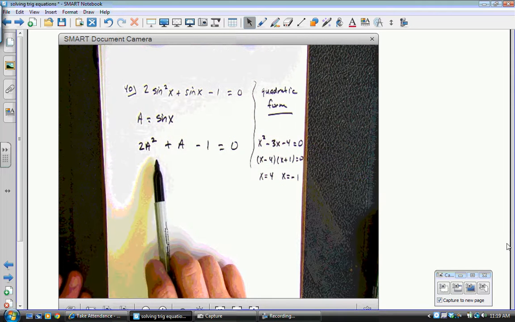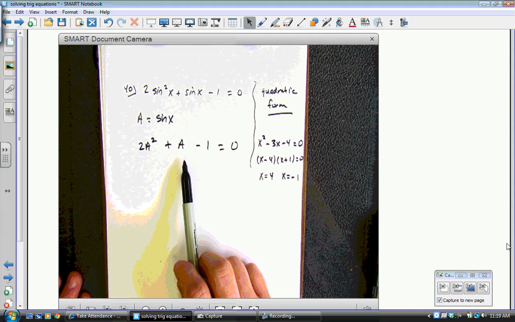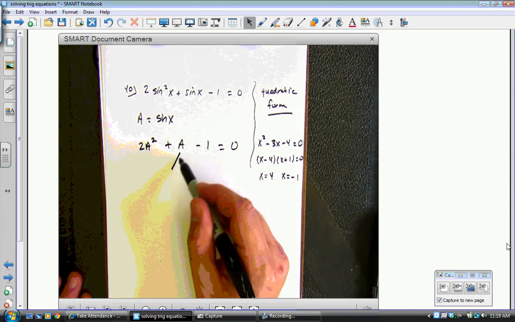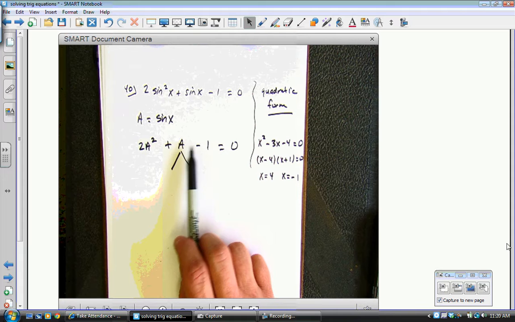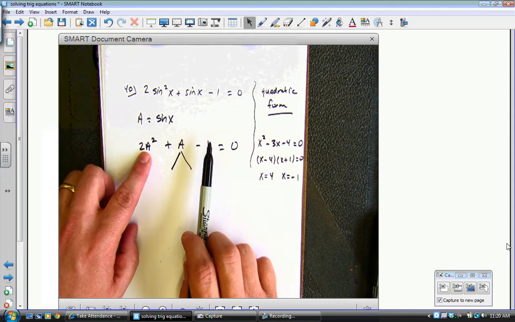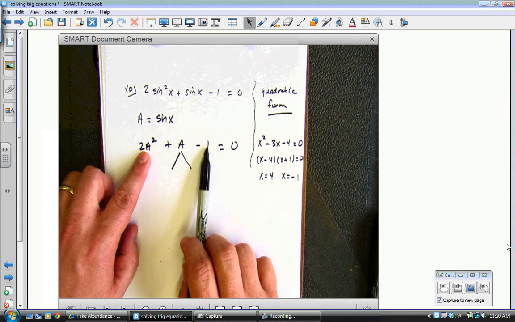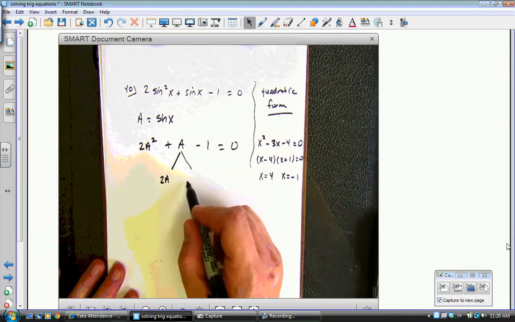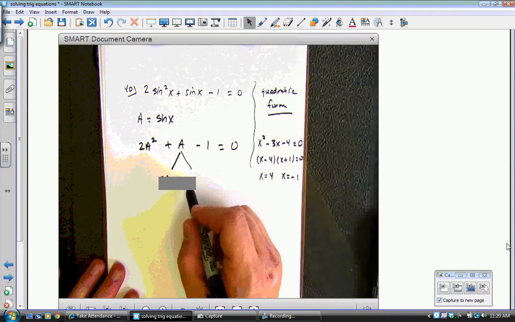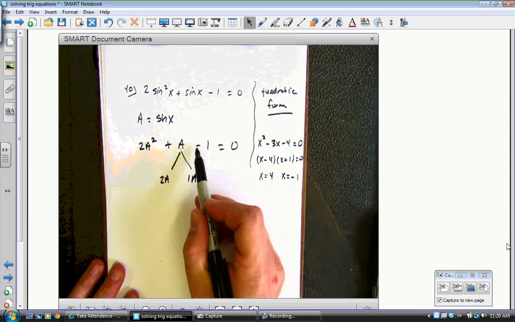So we can still factor it though, can't we? If we've got a leading coefficient, that just means we need to split that middle term. So instead of factors of 1 that subtract to be 1, it's factors of what? 2 that subtract to be 1 would be 2 and 1. So 2a and 1a. Now, the signs are going to be different. It'll be plus on 2, minus on 1.